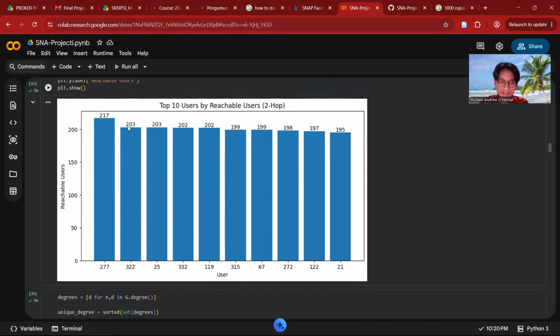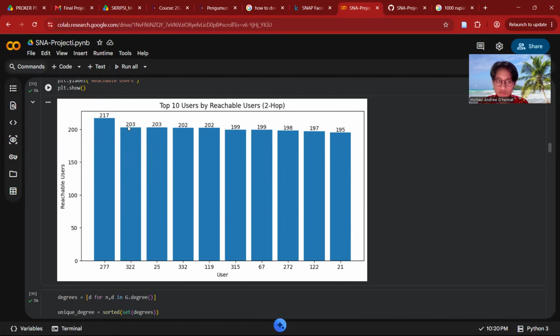That means user number 277 has two hops, or two processes of connection, with 270 nodes or 270 individuals, or we can say IDs or users.